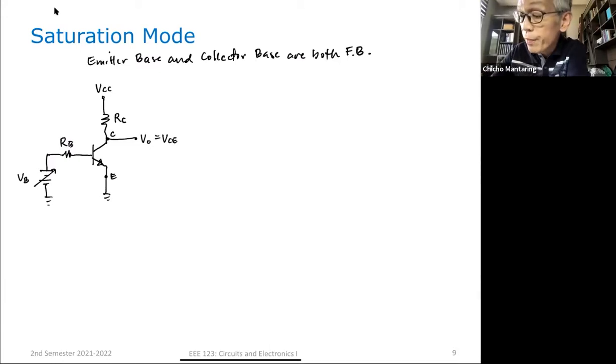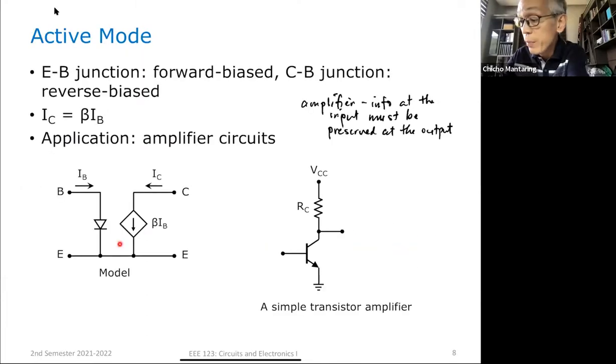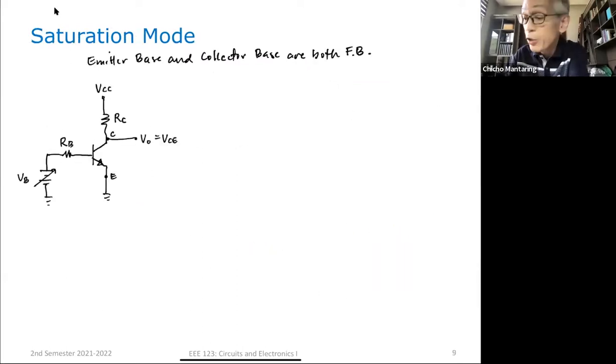Now, remember what I said, between the base and the emitter, what it sees is just a diode. So it's pretty much the same as your model for here, the base and the emitter. So I can actually apply KVL to this particular loop. What is KVL?